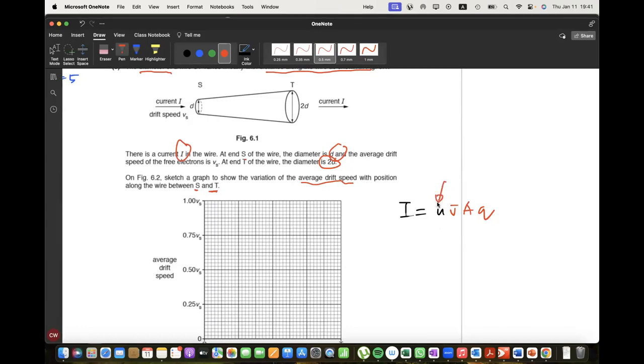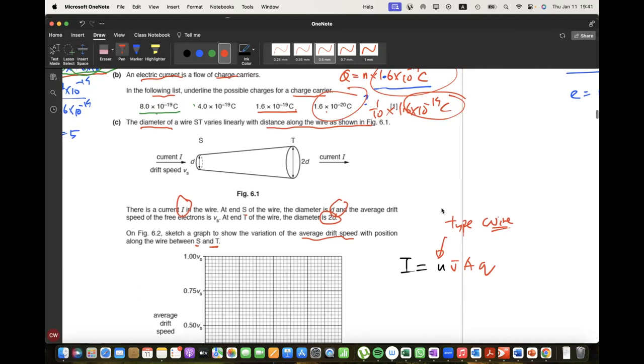This N value depends on the type of wire. If they belong to the same type of wire, then it is constant. So can we say this is constant? There is only one piece of wire, right? So this is constant.